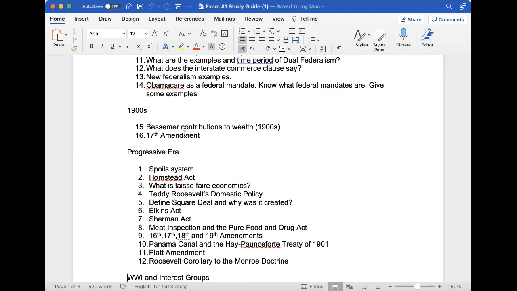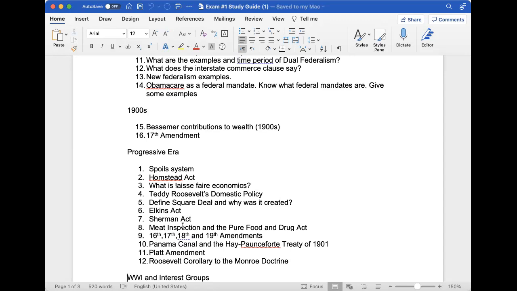And you could see down here things like the Elkins Act, the Sherman Act, the Meat Inspection and Pure Food and Drug Act, which were all put into place to curb the running rampant of businesses, where we had monopolies forming, people working in facilities that weren't safe, child labor, a bunch of different things that were put into place in order to help prevent abuses from an unregulated business system.